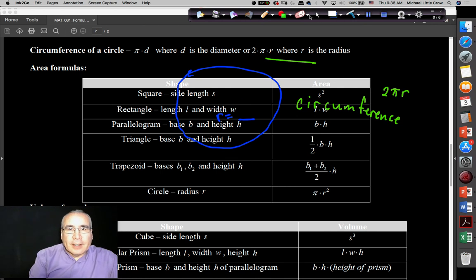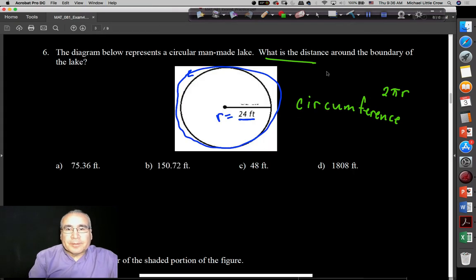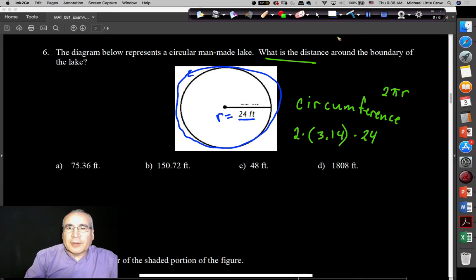Okay. Switch back to our question. And let's plug in the things we know. So we're going to have 2. Remember, pi, we're going to use the number 3.14. And then we're going to multiply by the radius, 24. So 2 times 3.14 times 24.